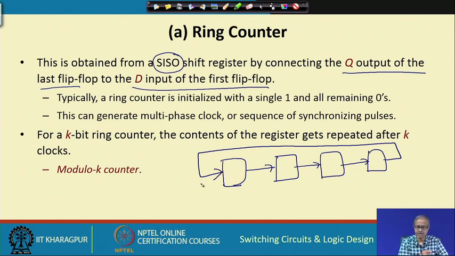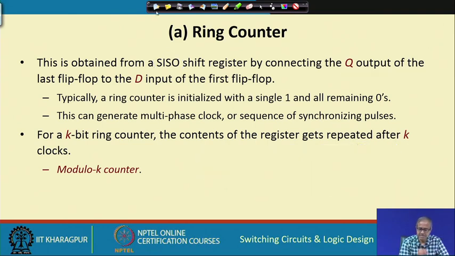This is how a ring counter is designed. Typically in a ring counter we load a single 1 and the remaining 0, let us say 1 0 0 0 or 0 0 0 1, because if you load it with all 0, it will always remain 0, since 0 will be fed back, again 0 will go in. Here this 1 will cyclically rotate, come here, then here, and come back. We shall see some typical applications of the ring counter.